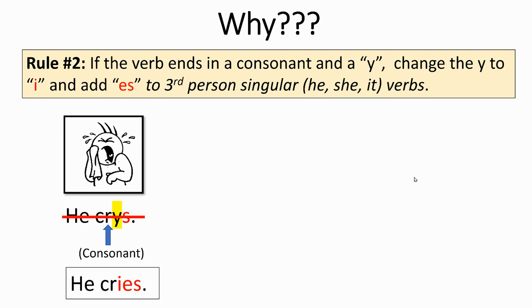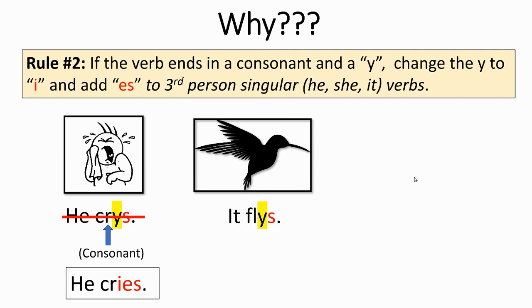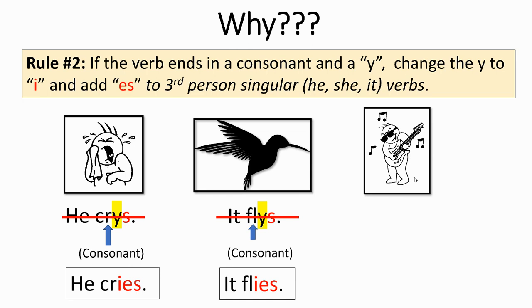He cries. Okay, another example, it flies. So the verb ends in Y. Next to Y is a consonant L. So we write it flies with IES.